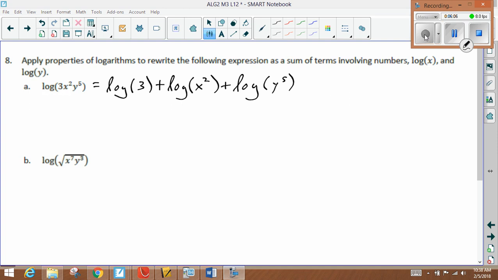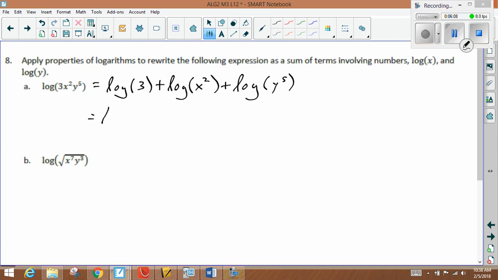Okay, so I'm going to write this as log of 3. And now I need to take the squared out. And I'll take the 5th power out, the 5 out there. All right.